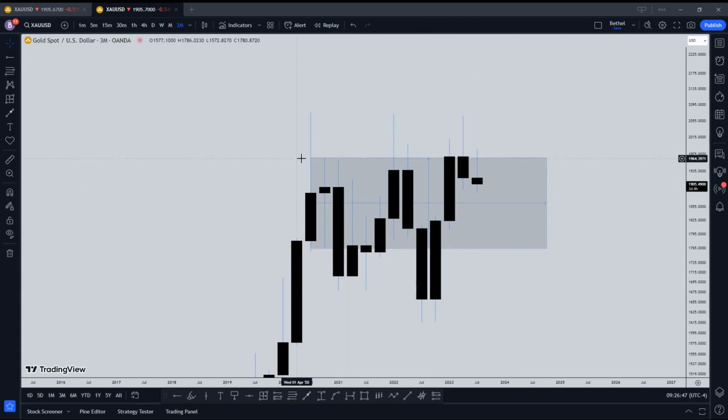So you can see now from this high to this low, this low coming in at 1764, this high coming in at 1964. So we have 1964, 1764. Pretty awkward, right? You can see price dive and close beneath that low.